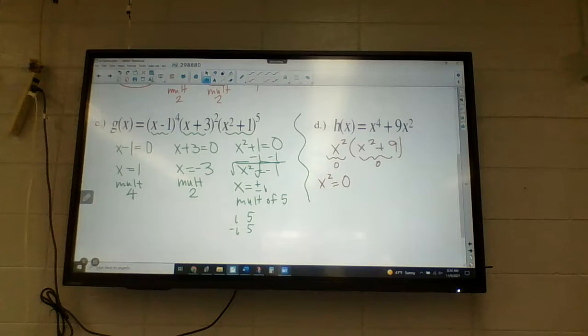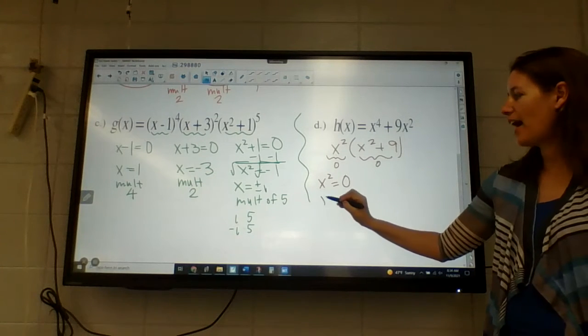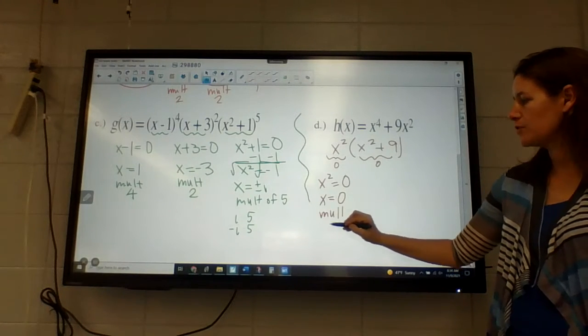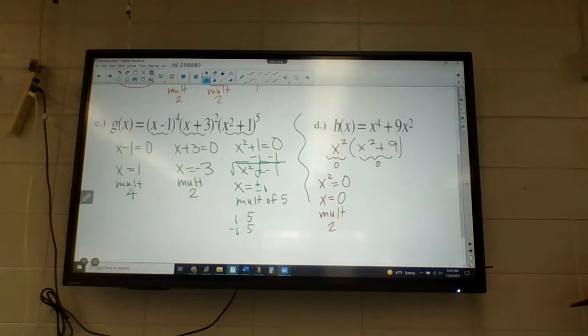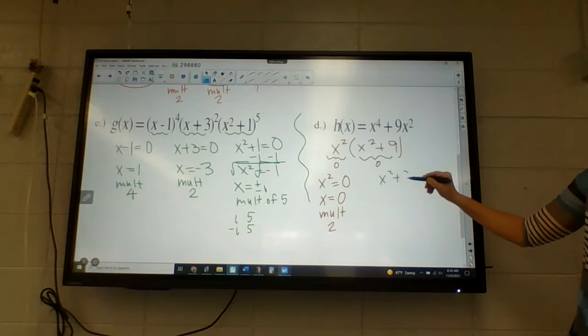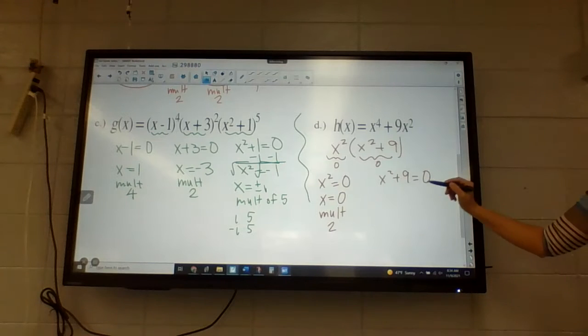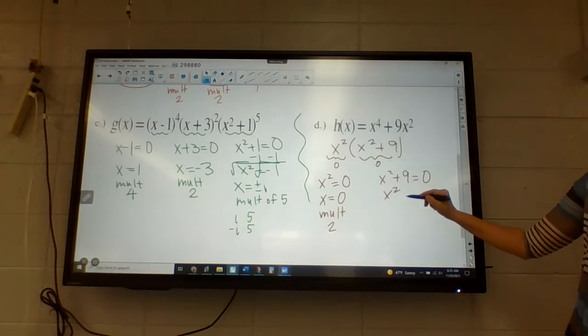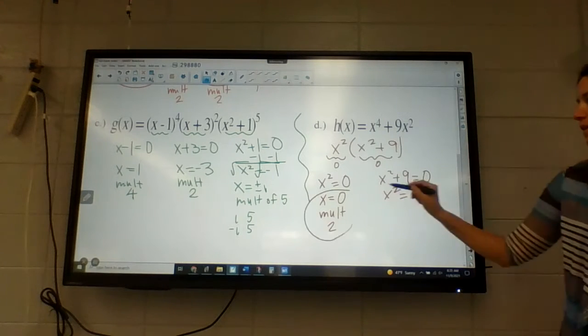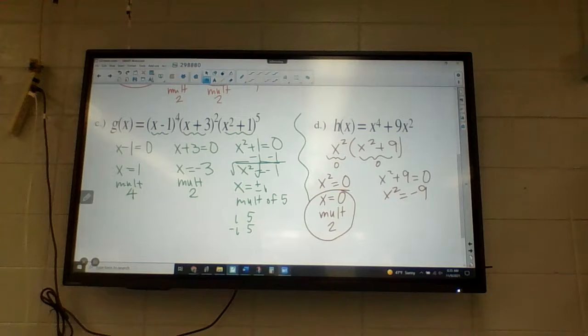Okay, so I get x squared equals 0. So x is going to be 0 with a multiplicity of 2. All right. Then I have x squared plus 9 equals 0. I'm going to move that 9 over. I'm going to get x squared equals -9. So when I go to take the square root, what's the square root of -9?